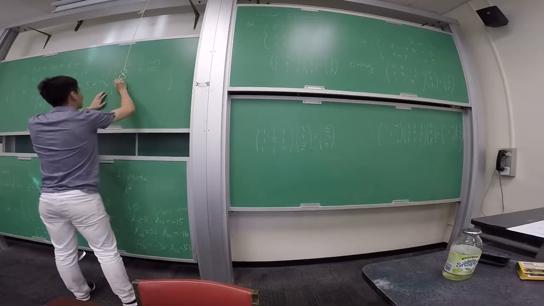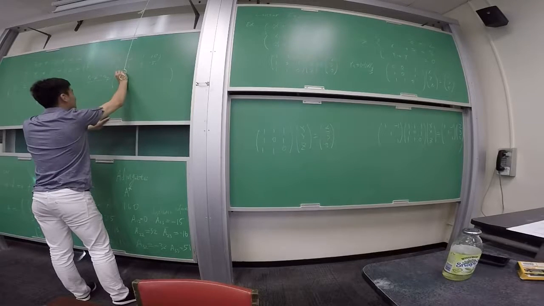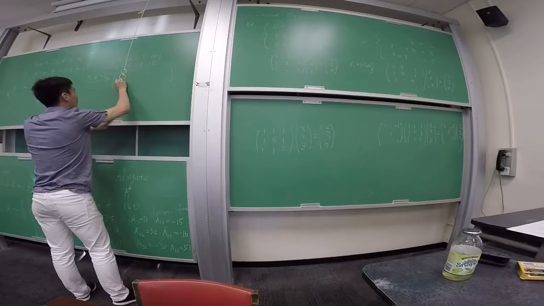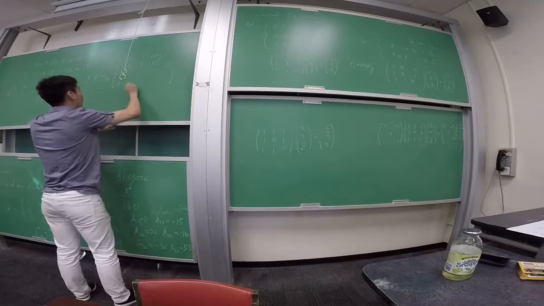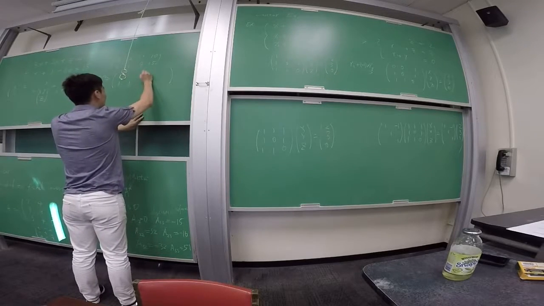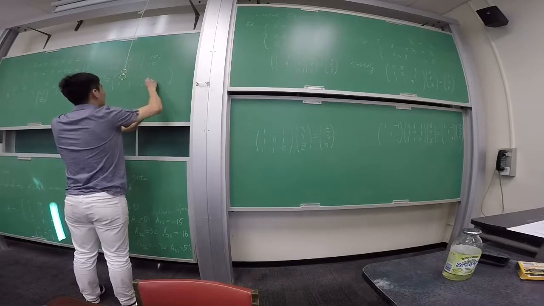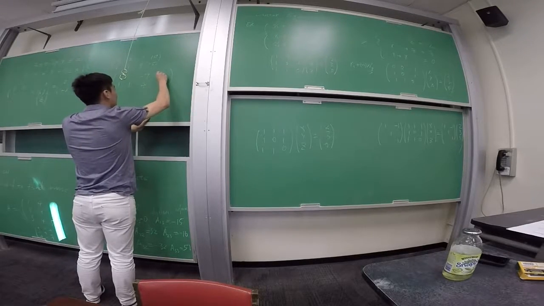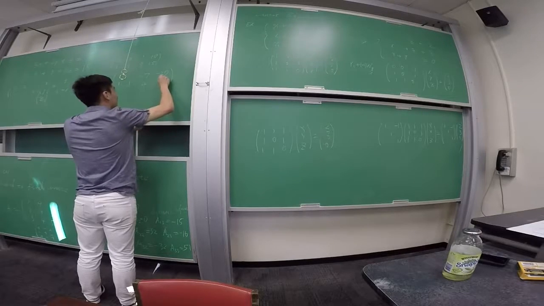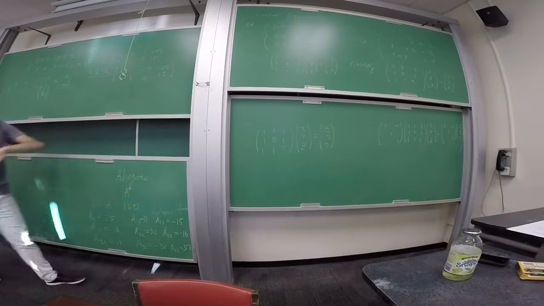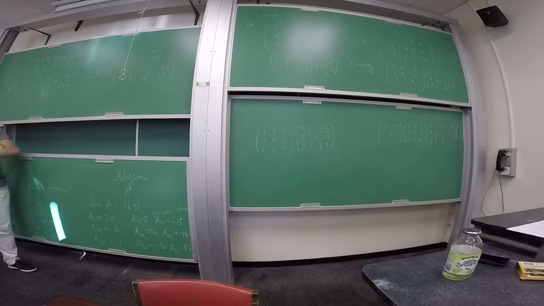If you do that, what is this? It's 1, 1, and 0, 1, and this is negative 7, 4, and this is negative 20, 15, right? Okay, so what is the next step?